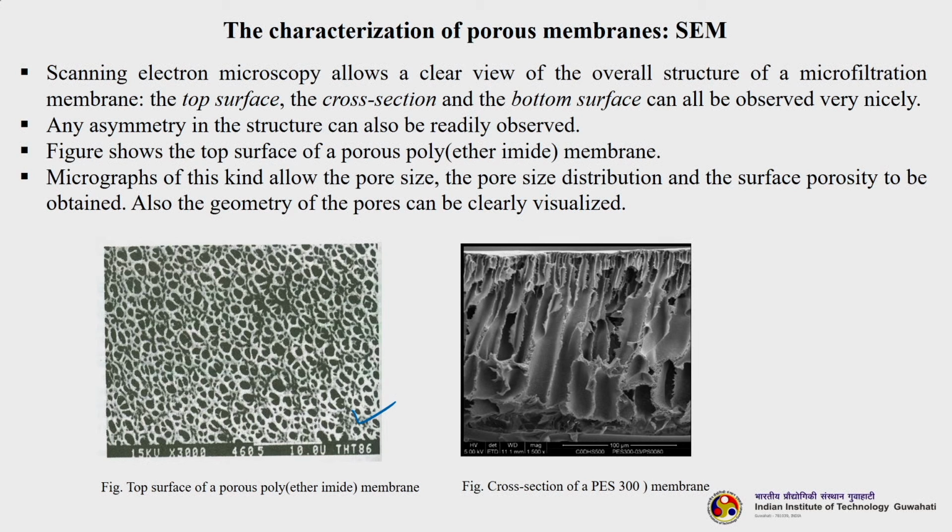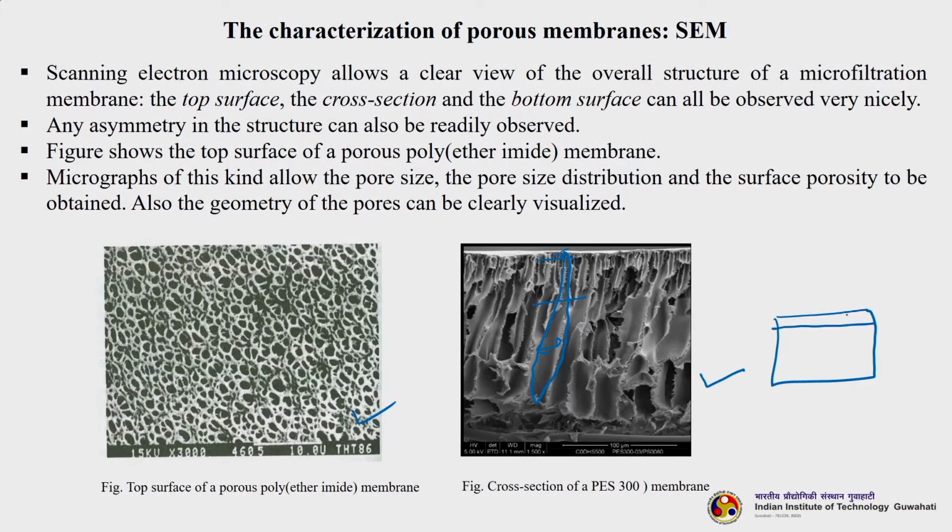You can see this is the cross section of a PS 300 membrane. You can see the structure of the pores a little. This particular pore is more or less a cylindrical pore. However, the constriction in this particular area is a little lesser and then it becomes wide. Using this cross section, you can easily identify your asymmetric structure.